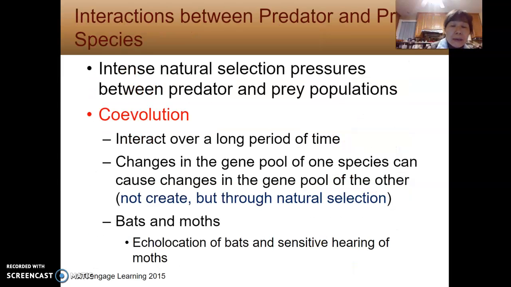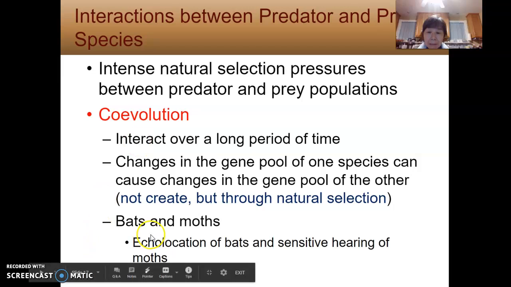Another thing that happens is that when you look at a predator and prey species as a pair, sometimes it seems like they evolve in the same direction. For example, if the predator changes, the prey starts to change too, not because the prey caused that, but because of natural selection.